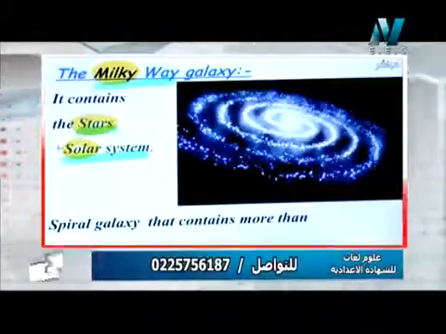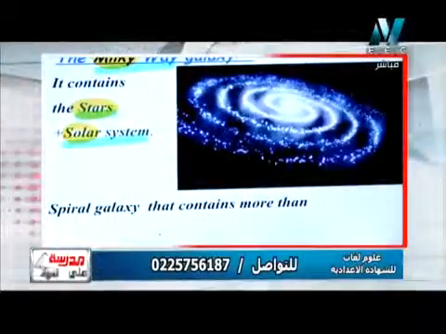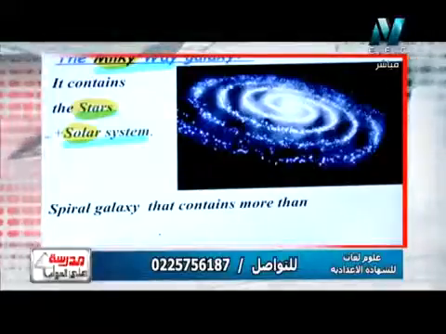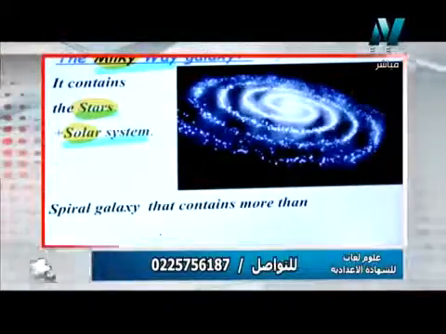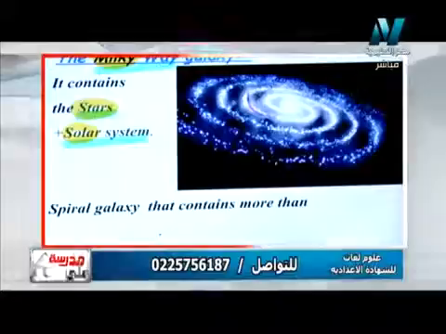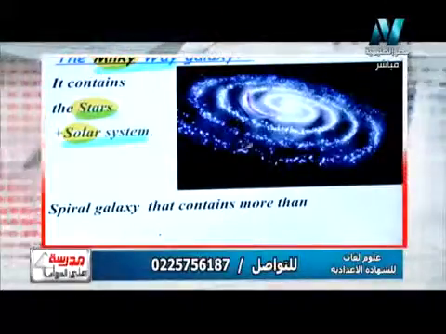At the same time, this galaxy is a spiral galaxy. Spiral means, as we see, spiral in shape, lines, not a spherical shape.